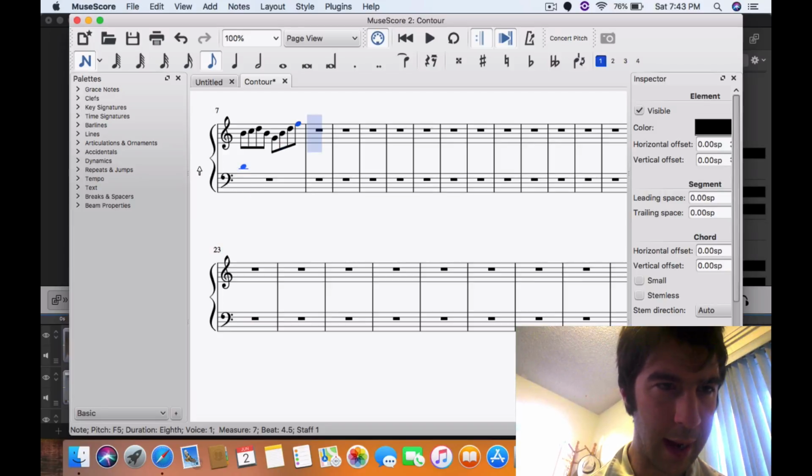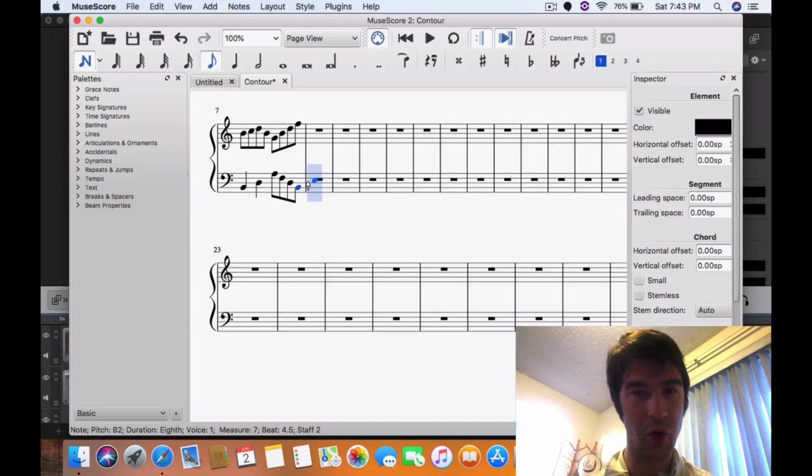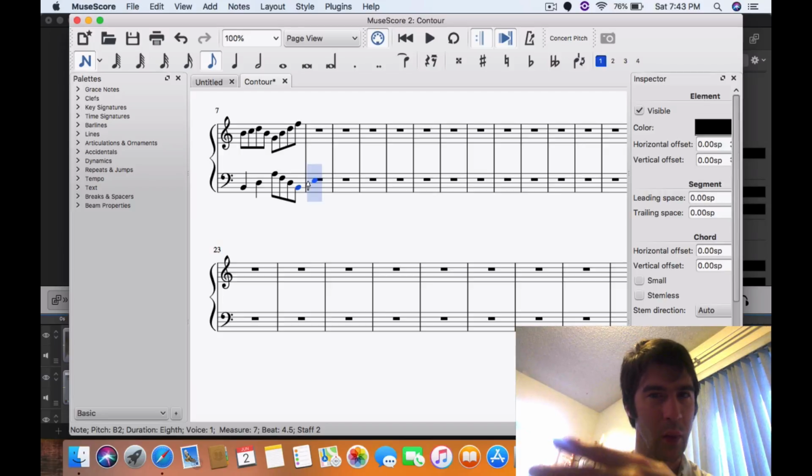And then you could have different lines converging, like that's polyphonic. They're in harmony with each other, but they're moving really quickly.